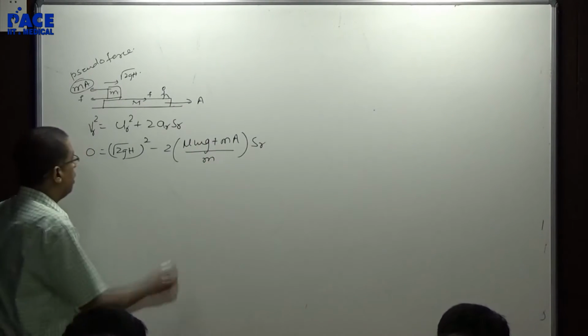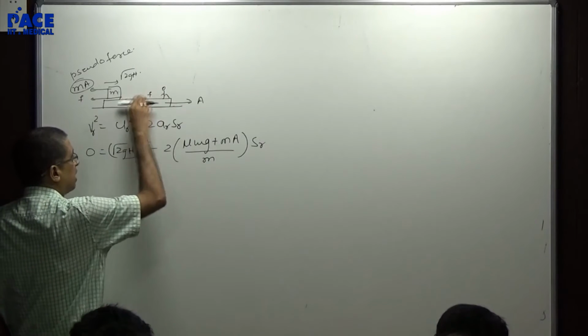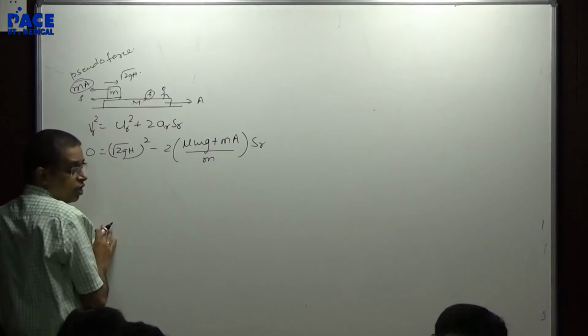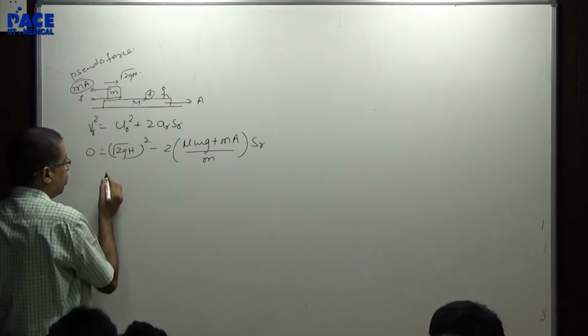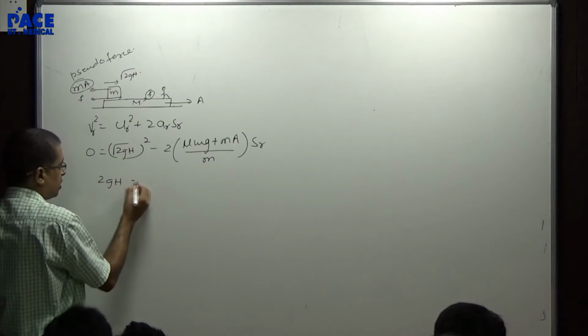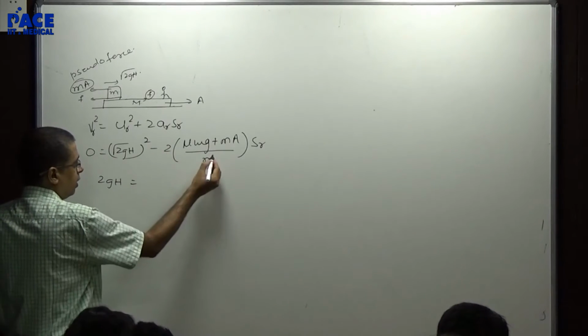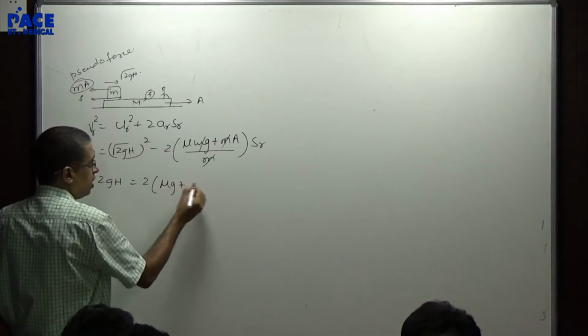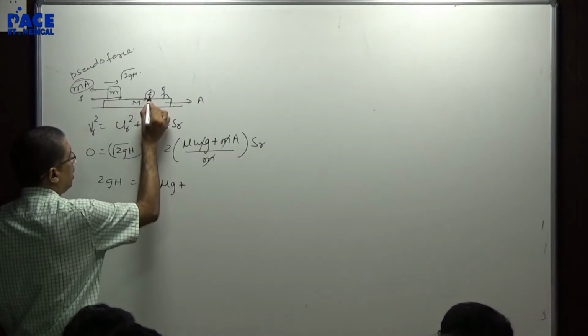Right? Now, capital M is accelerating in this direction due to what force? Friction. So now 2gh square to the left, cancelling this out, 2 into mu g plus what will capital A be?